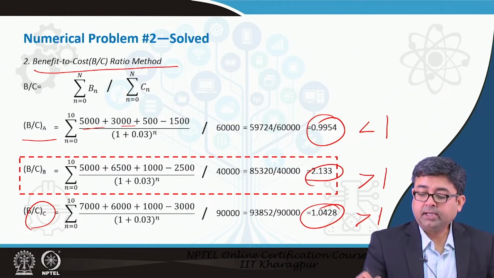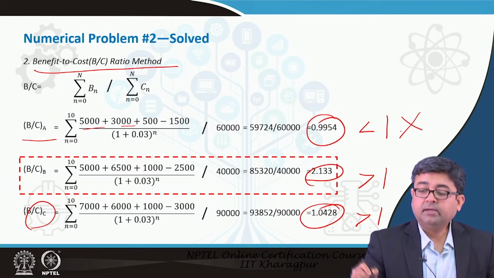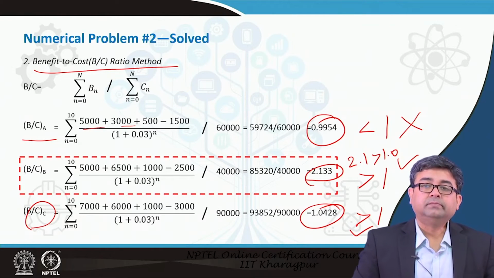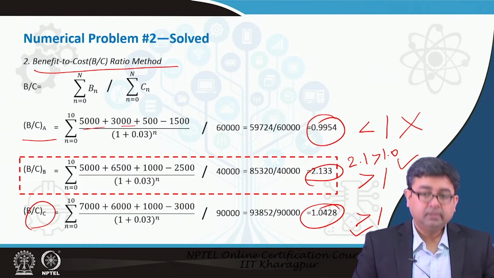So, it tells you again that project A is not economically feasible, whereas both of these projects are economically feasible. However, project B is more feasible because 2.1 is greater than 1.0. So, using both of these methods, net present worth as well as benefit to cost ratio, we find that project B is the most viable, economically feasible project.